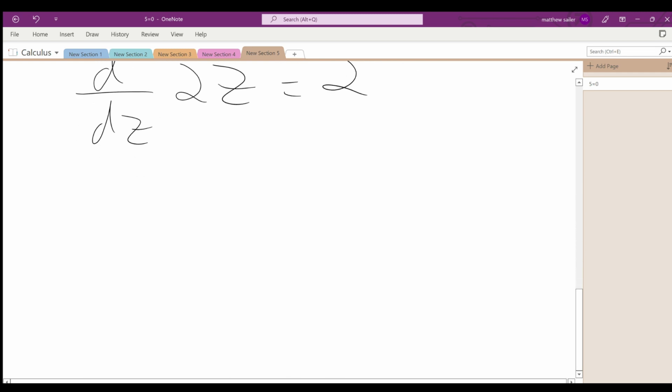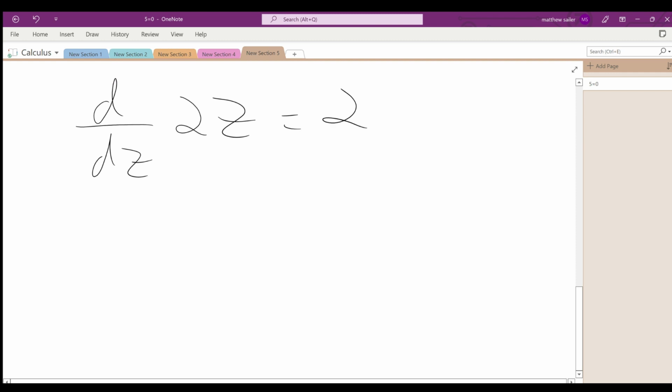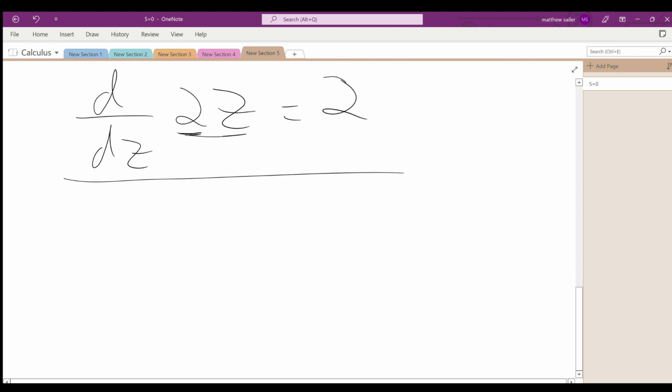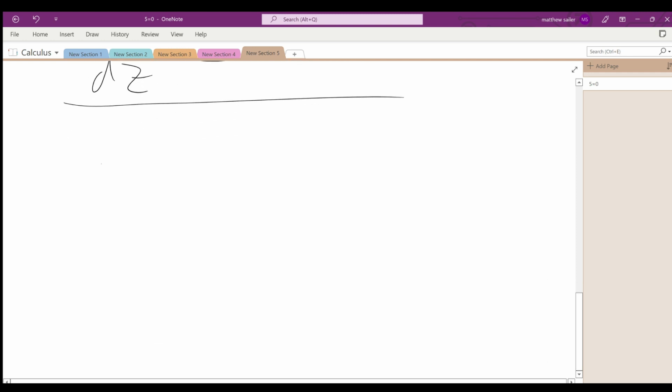And in a second, we'll understand why this is the case, why you can just take the number off of the actual variable and make that what the derivative is equal to. There's reasoning behind that, and we'll get into that here in a second. Alright, and now let's consider derivatives of something raised to a power.